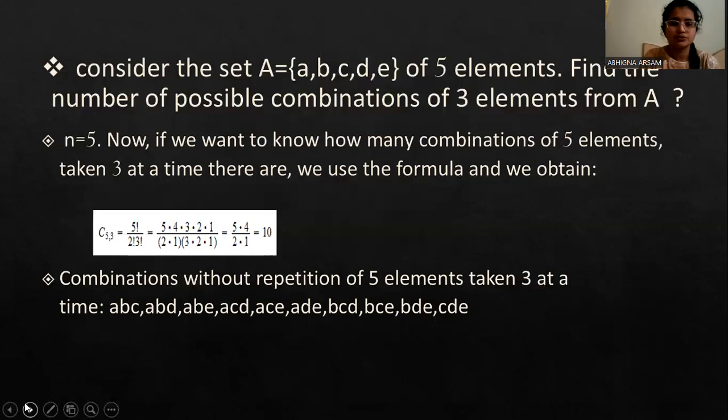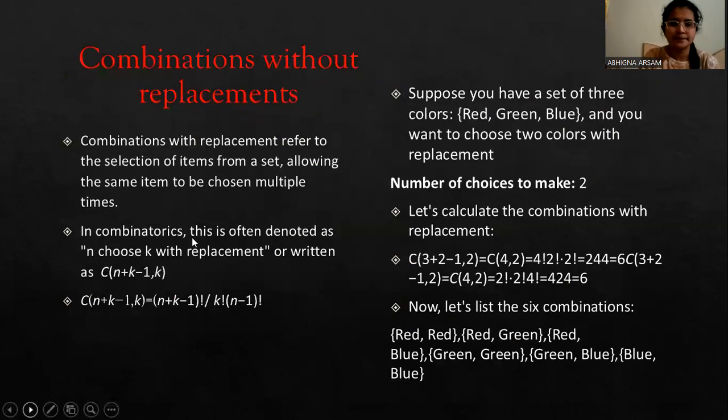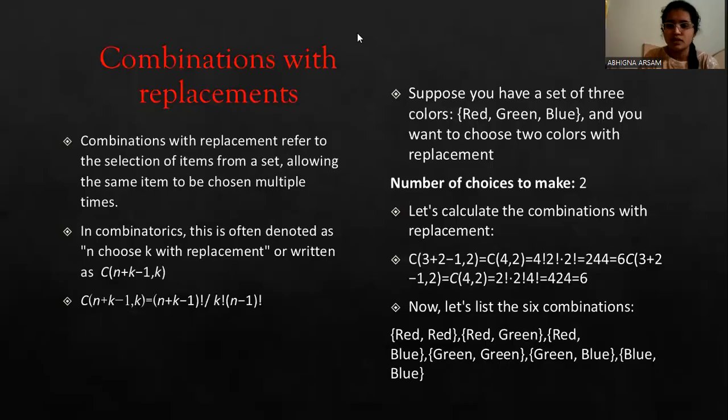Now let us move to the next slide. Combinations with replacement, that is combinations with repetition. It is similar to combination, but the only difference is we can choose an item multiple times.